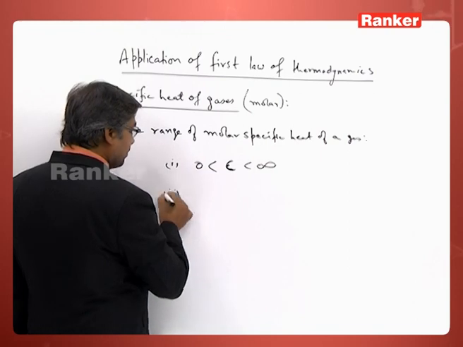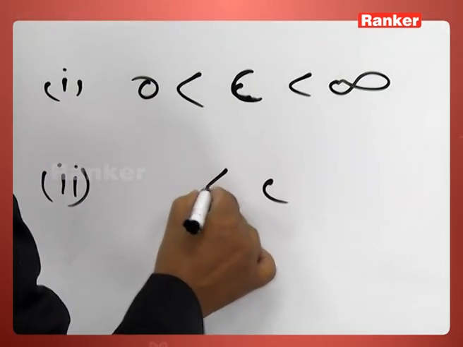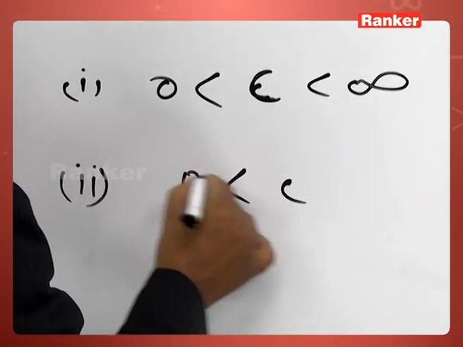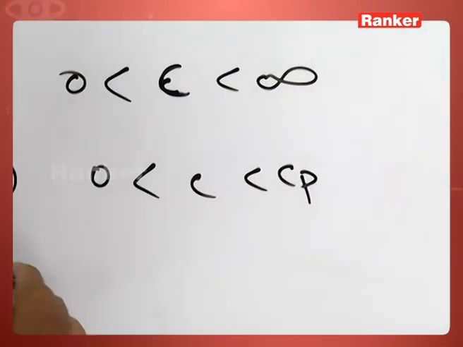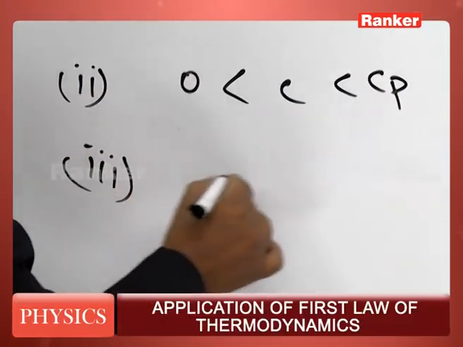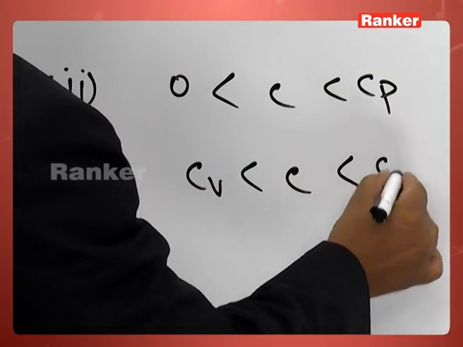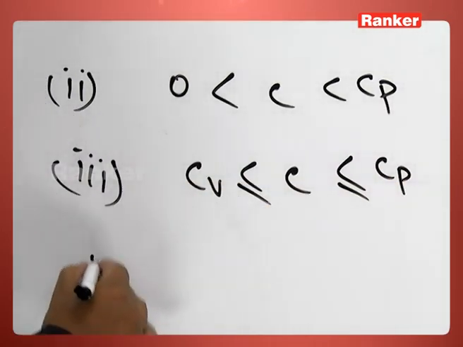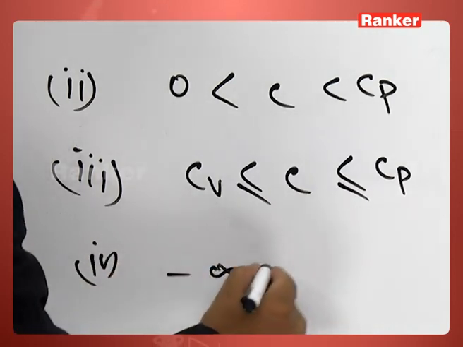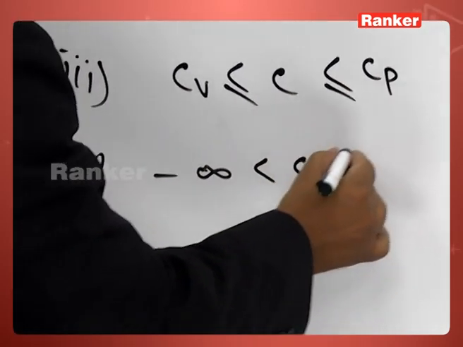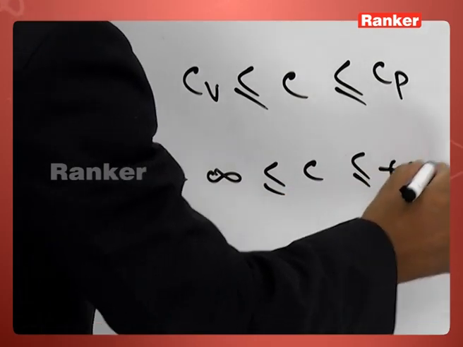Option 2: C is from 0 to Cp. Option 3: C is from Cv to Cp. And the 4th option is from minus infinity to plus infinity.